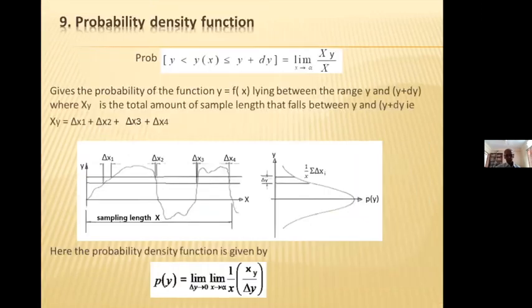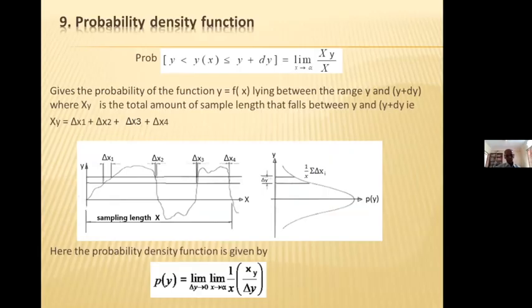Then we go to probability density function. This is an important parameter used in surface roughness characterization, also in many signal analysis.